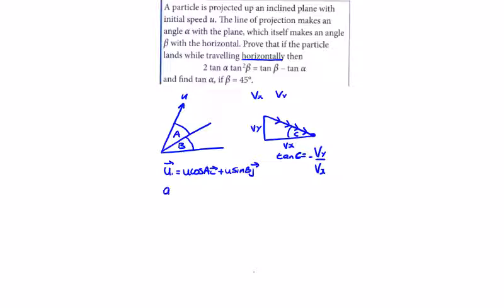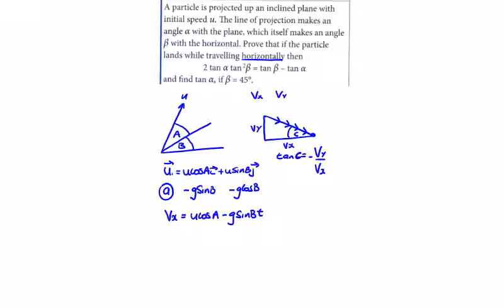The accelerations in the i direction is going to be minus g sine beta, and in the j direction minus g cos beta. We need the velocity, so v of x is equal to u plus at, u cos alpha, plus a is going to be minus g sine beta times t. So we need the time taken to get to the impact so we can get these velocities.